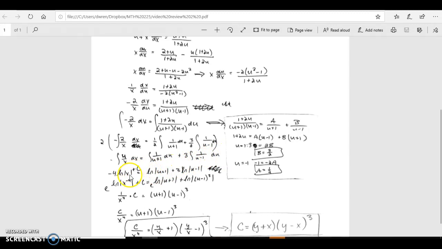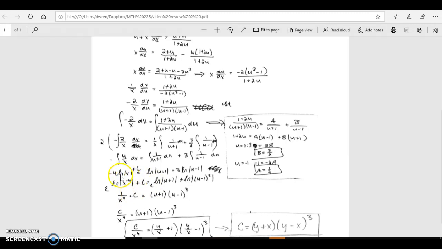And then integrating both sides, we get negative 4 times the natural log of the absolute value of x plus c equals the natural log of the absolute value of u plus 1 plus 3 times, pulling the coefficient down, the natural log of the absolute value of u minus 1. And to clean everything up, we can take the exponential of both sides to clean up the natural logs.